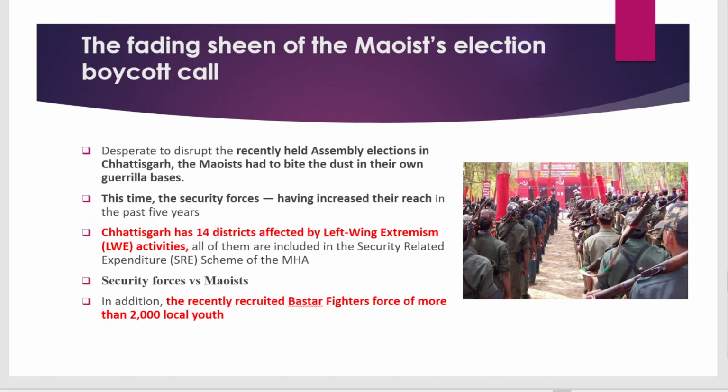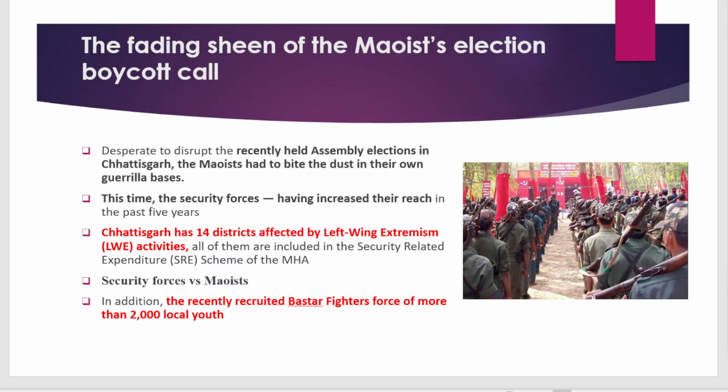Despite Chhattisgarh facing this type of crisis, in the recent election we have seen the participation of the people, even though the extremists, the Naxalites, told and threatened the people not to vote and not to participate in the election. But this shift in the people's thinking towards voting and participation gave a big blow to these extremists.